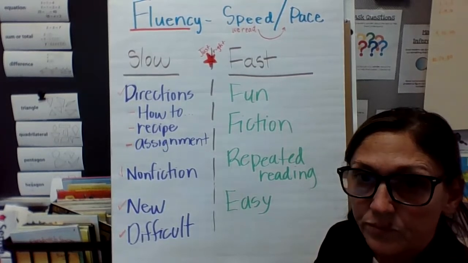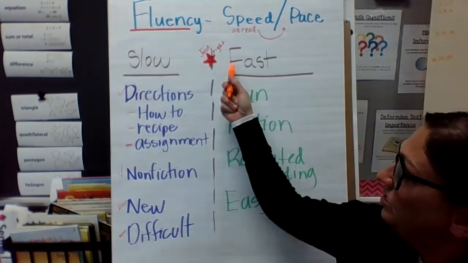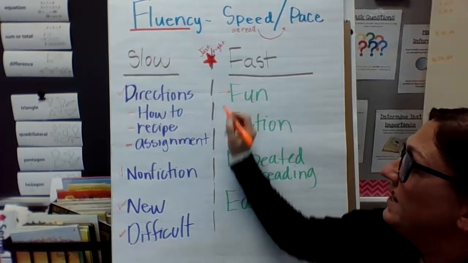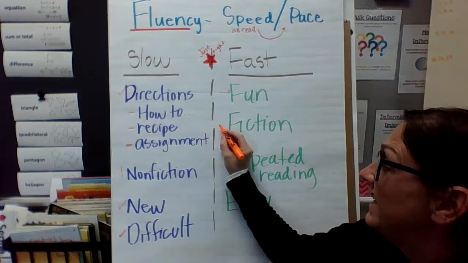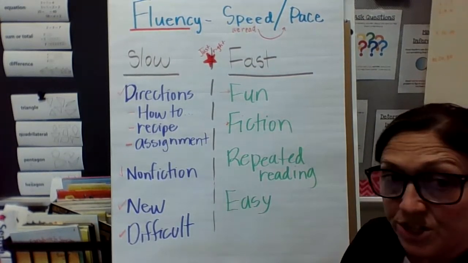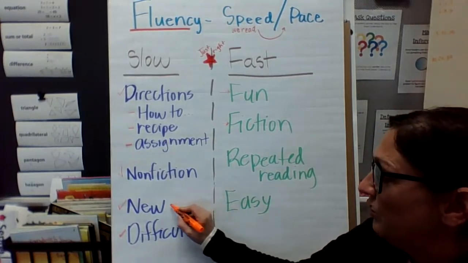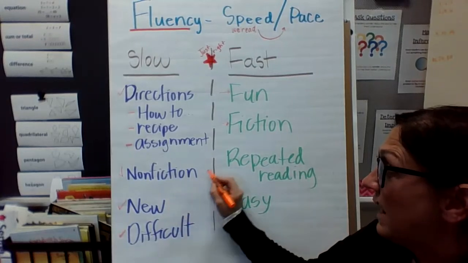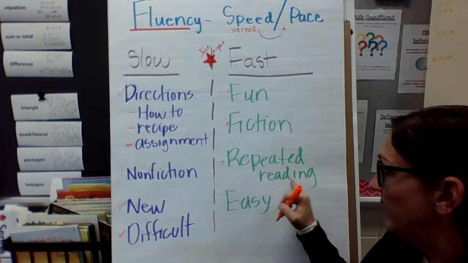On the other hand, you maybe can read a little bit faster if the thing that you're reading is just for fun. You might be able to read fiction books a little bit faster. Over here I said you might need to slow down if you're reading something new. The exact opposite is true if you are doing a repeated reading.